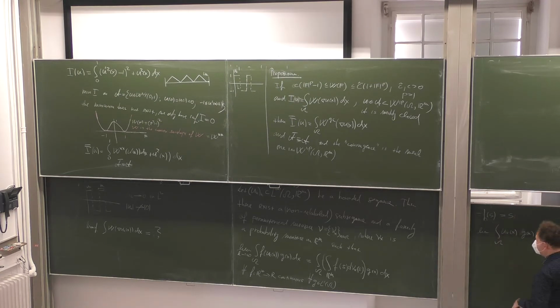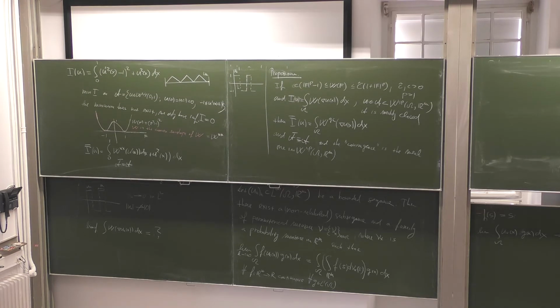then this is now the integral over omega. Here I have f of s is s, so this is the integral over R^m of s dν_x(s), times g(x) dx.